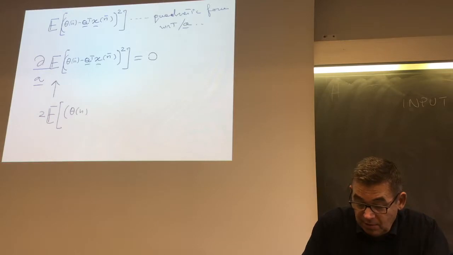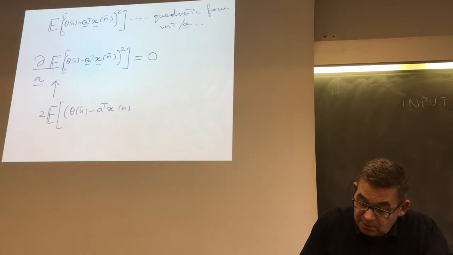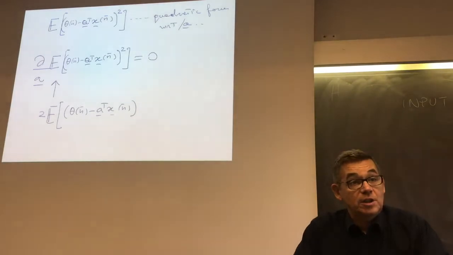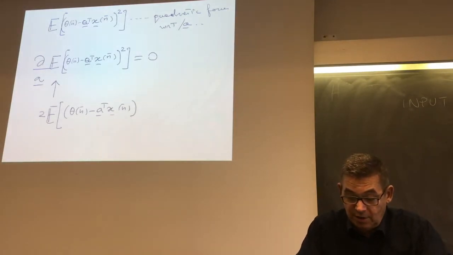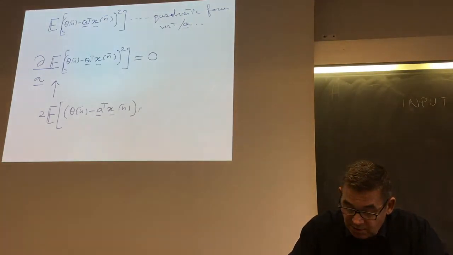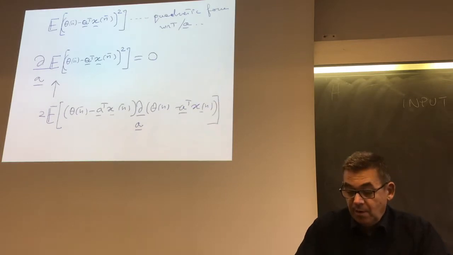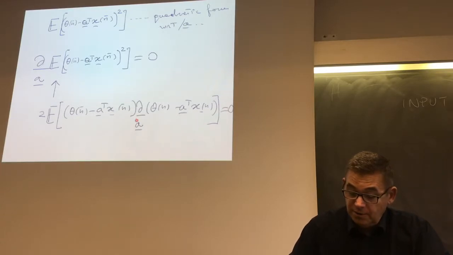theta n naught minus A transpose x n naught. And then I need to calculate the derivative of the inner part. Let me write it this way so it's more clear: the derivative with respect to A of theta n minus A transpose x n. Theta does not depend on A, so it goes away.